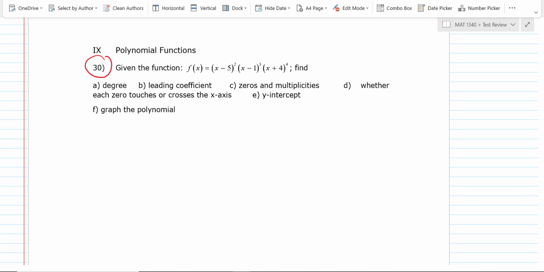Okay, first of all, let's look at the degree. Does anybody remember what you have to do to find the degree of this? You add up all these exponents, which are called the multiplicities. So for the degree, we just do 2 plus 3 plus 4, which is 9.